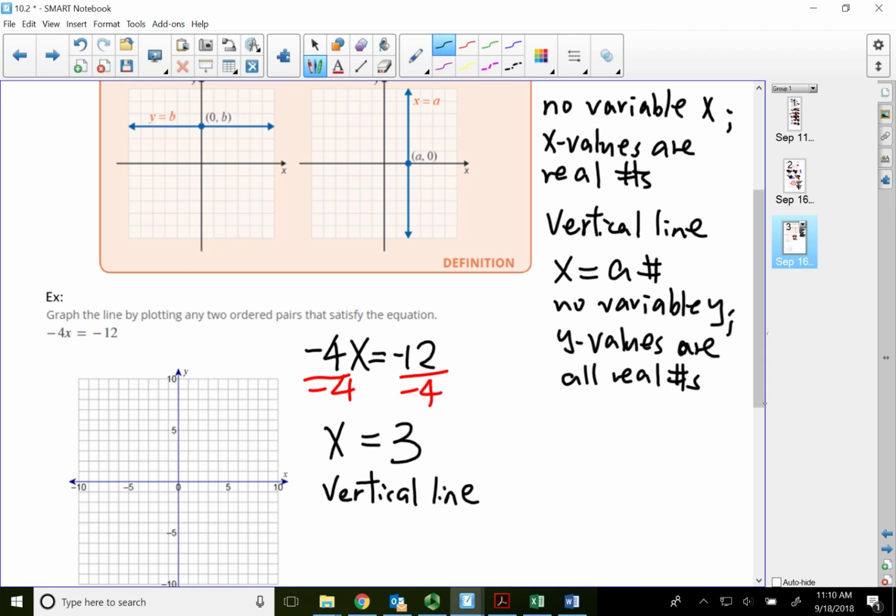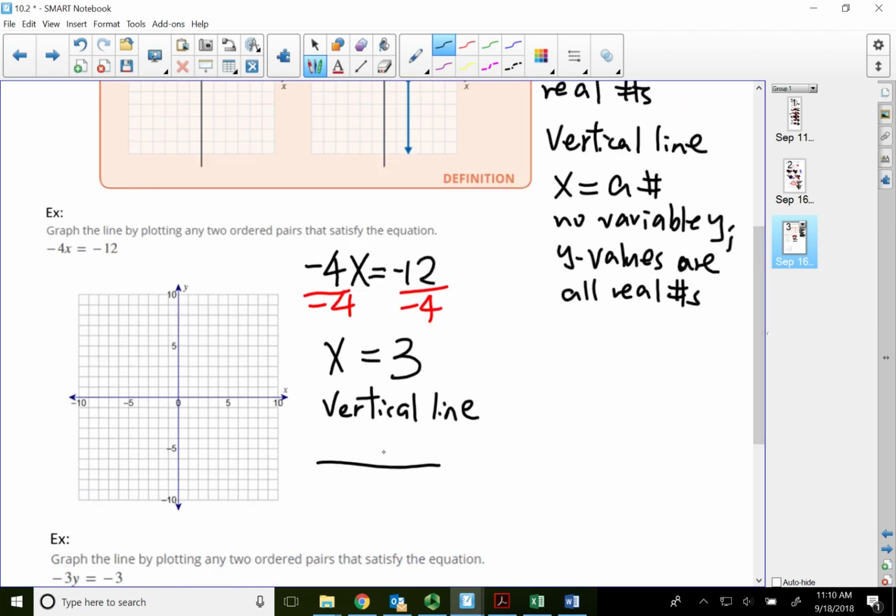So x has to equal 3. It's locked in at 3. The y value can be any number we want it to be. If I say 1 and 2, then 3 comma 1 is 1 point, and 3 comma 2 is another point. Starting at the origin, go to the right 3 and up 1, and for the second point, go to the right 3 and up 2.